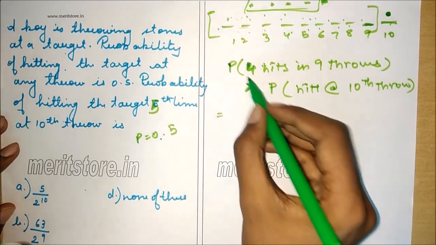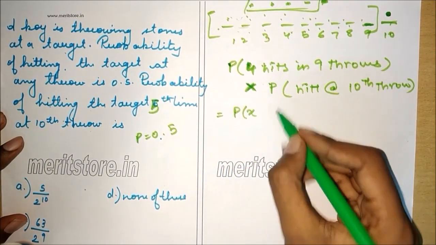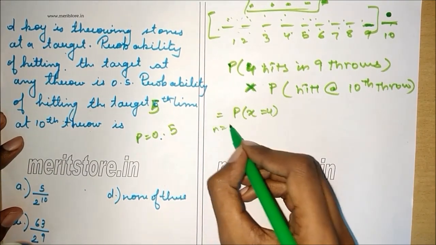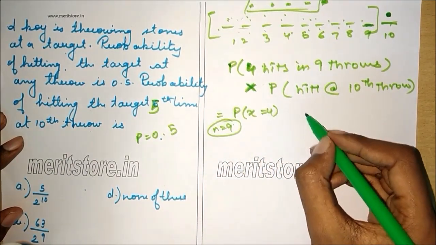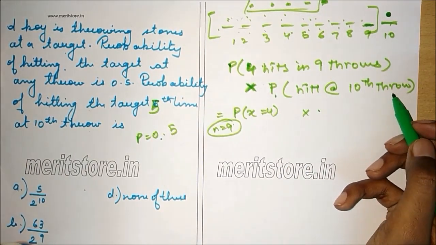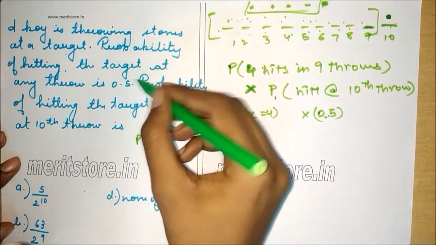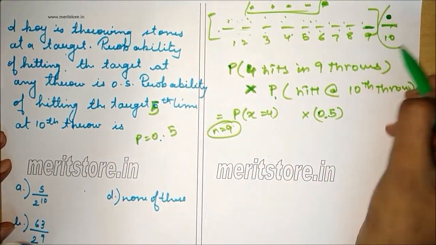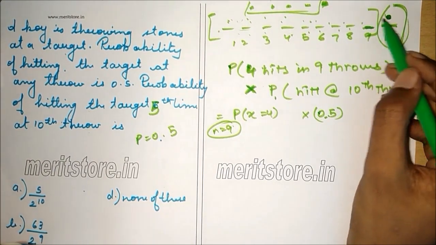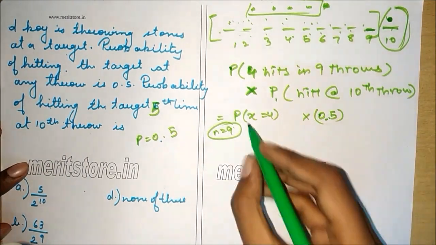So P of 4 hits in 9 throws is the same as P of X equals 4 for n equals 9, that is 9 throws, into the probability of a hit at the 10th throw, which is 0.5. That is, the probability of any throw is 0.5. So the probability that it will hit the target at the 10th throw will be 0.5. So this is into 0.5.